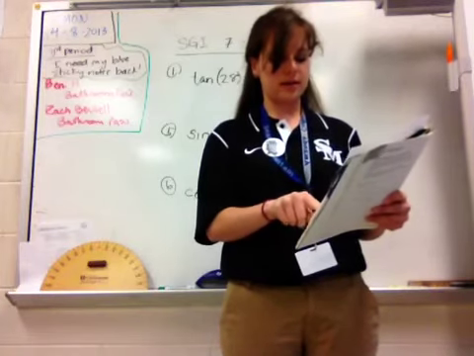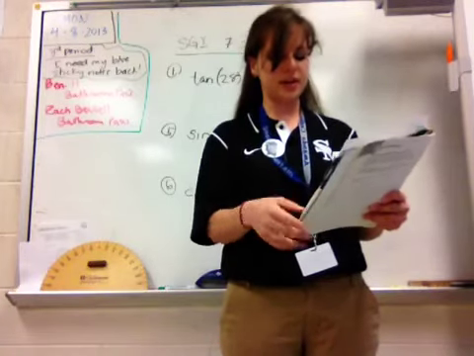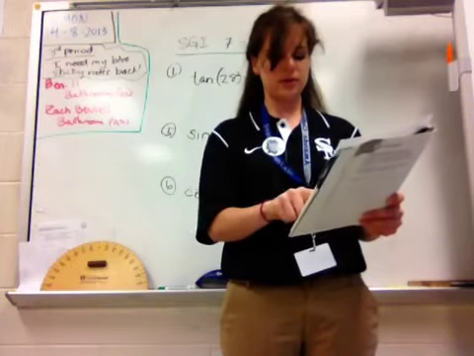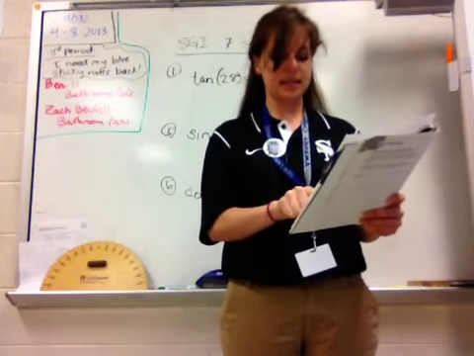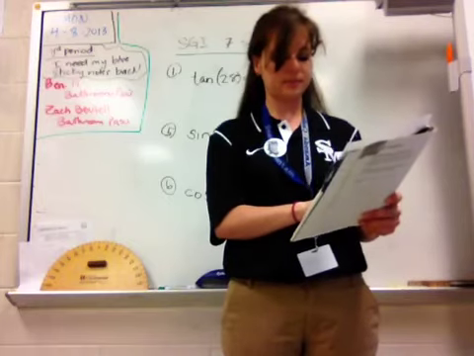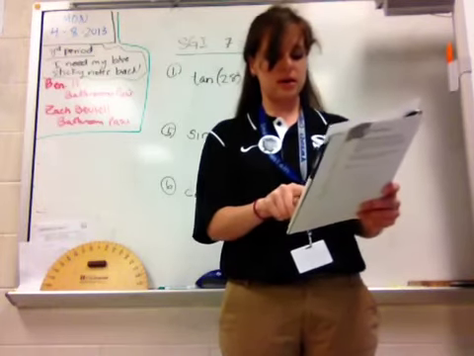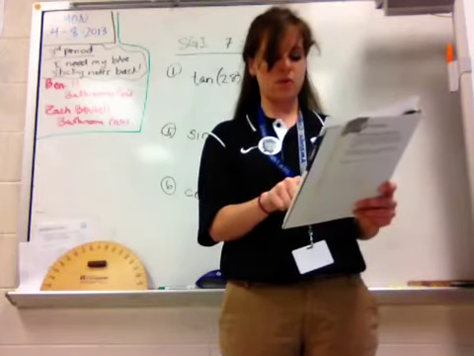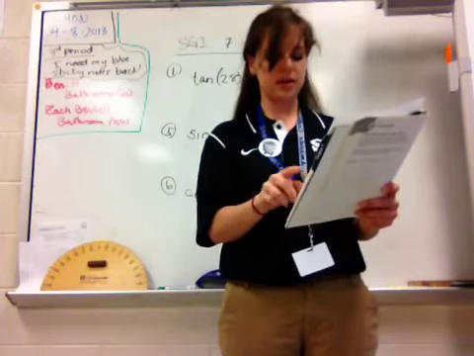Number 1, your answer is 30 over 34. Number 2, your answer is 16 over 30. Number 3, your answer is 16 over 34. Number 4, your answer is 30 over 34.